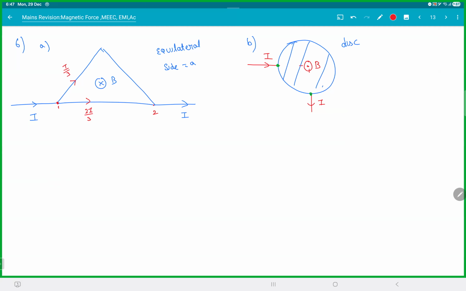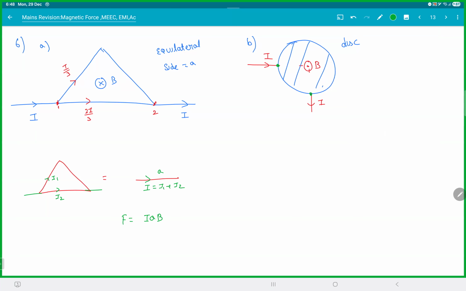You can actually calculate individually, but you need not do all that. So between this and this is the projected length. So this entire triangle can be replaced with one wire of length L. It doesn't matter how the current flows here. I1, I2, this is I1 plus I2. The force will be ILB, IAB.